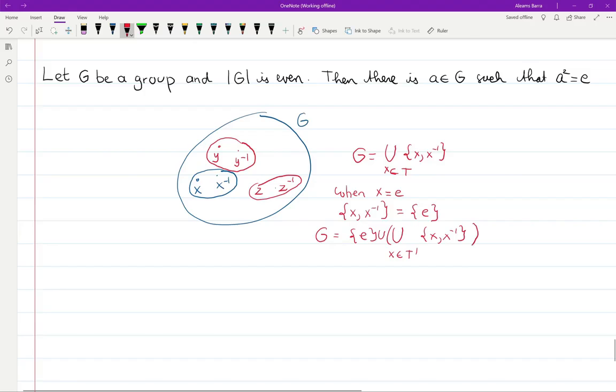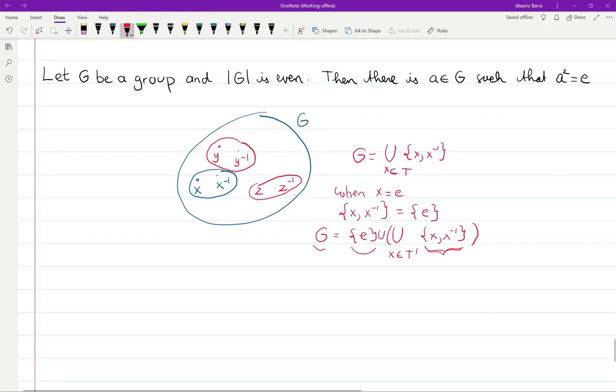Now, if none of these is a singleton for any X in T prime, it means the cardinality of G will be 1, and each of these is not a singleton, so it has two elements.